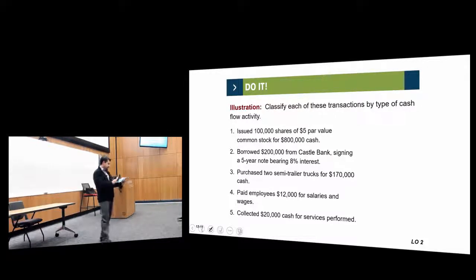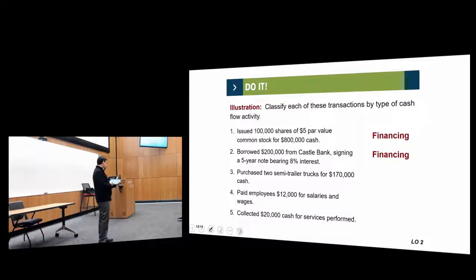Financing activities, okay? The company borrowed $200,000, signing a 5-year note bearing 8% interest. So the company is borrowing money. Financing, right? They are issuing their own bonds, in this case, their own note. They are signing a note.